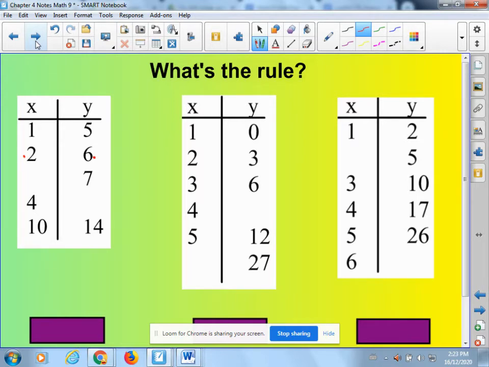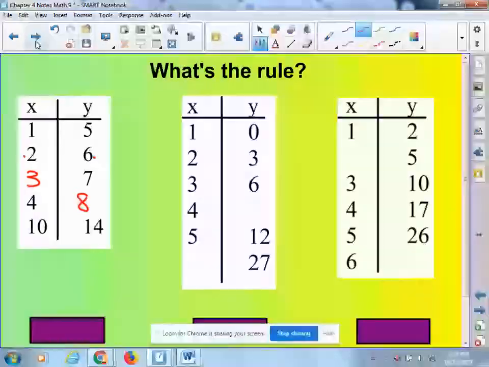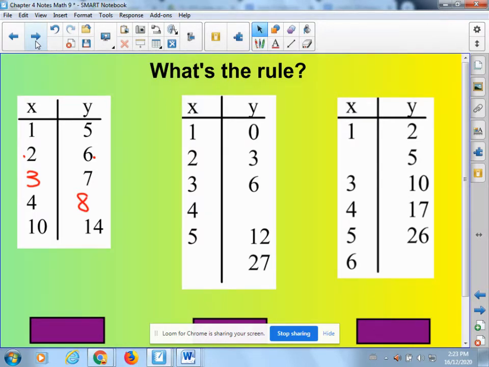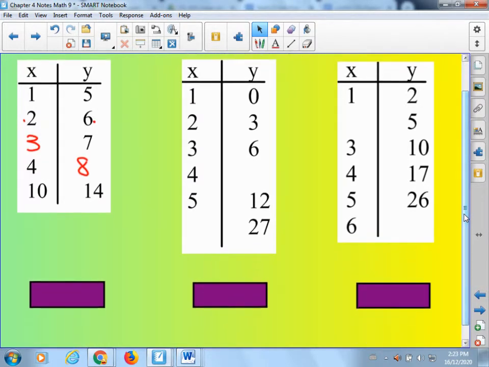I could say 1 plus 4 is 5, and 2 plus 4 is also 6. 3 plus 4 is 7, 4 plus 4 is 8, and 10 plus 4 is 14. So each time to go from x to y, I am simply adding 4.